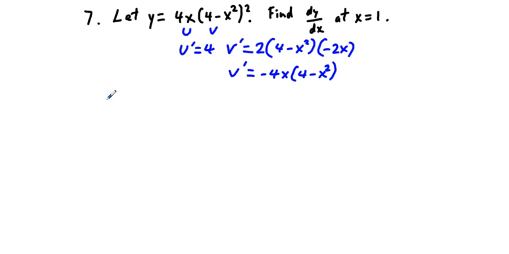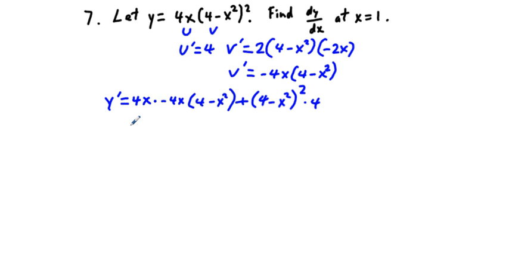And so y prime is going to be u v prime. Well, u is 4x, and v prime is negative 4x times the quantity 4 minus x squared. And then that's u v prime plus v, and v is this guy here, (4 minus x squared) squared, times u prime, and u prime is 4.